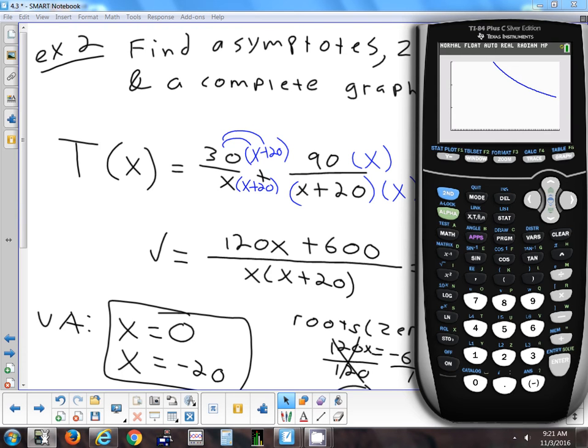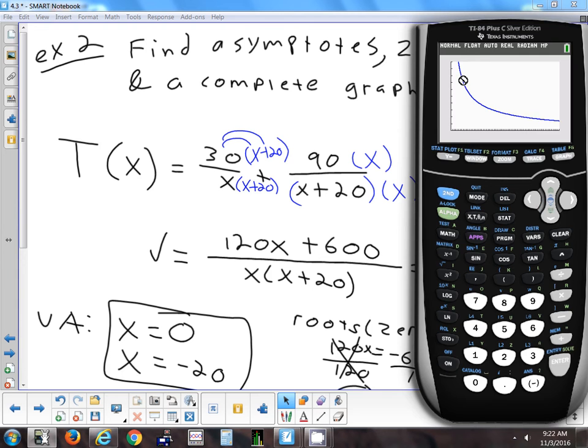Let me set that a little higher, because if I don't set it higher, you won't see the asymptote. You just kind of saw part of the graph. Now you can see the asymptote. It's going way up. The slower she drives, the longer it's going to take her.